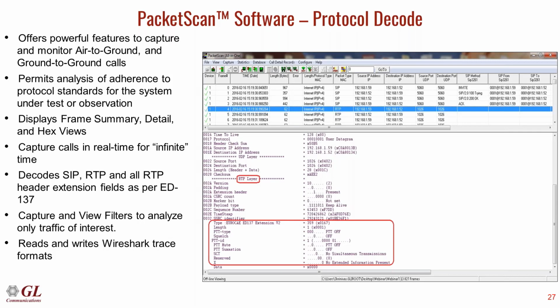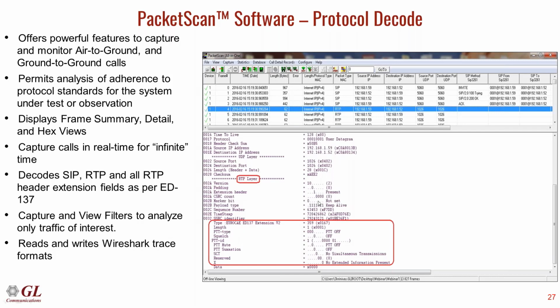The important thing here is we decode all the SIP, RTP, and all the RTP header extension fields defined in the ED137. So you can see the sample here. The base header of ED137 is decoded here.